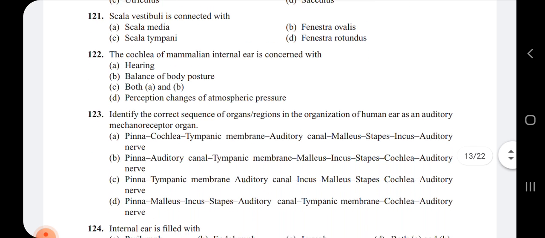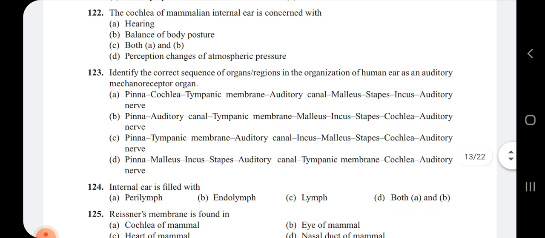Next question, identify the correct sequence of organs or regions in the organization of the human ear as an auditory mechanoreceptor organ. Means we have to identify the correct sequence of the ear parts in such a way that the ear acts as the receptor organ.